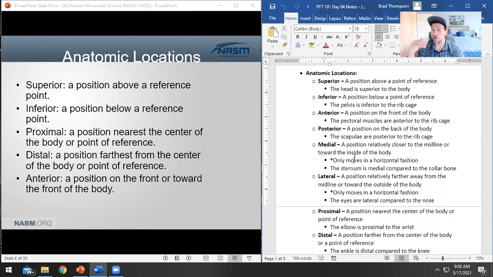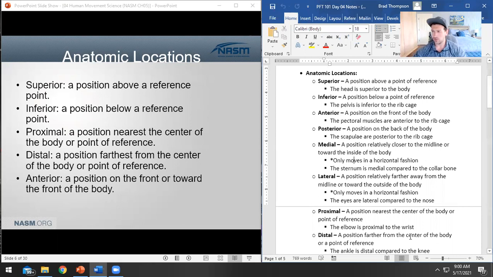And then we've got inferior, which is a position below a point of reference. So your pelvis, your hip bones, are inferior to your rib cage because they are below it. Your feet are pretty much the most inferior thing you've got on your body. Superior is a position above, inferior is a position below.